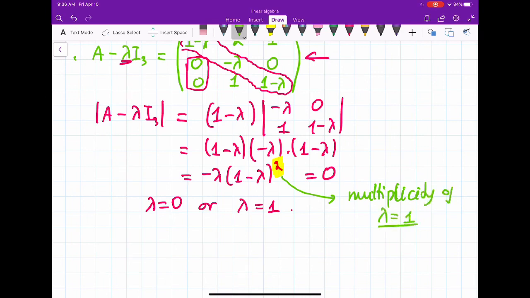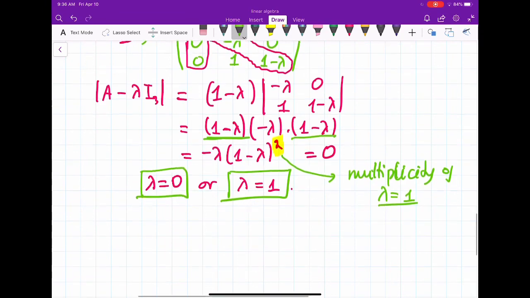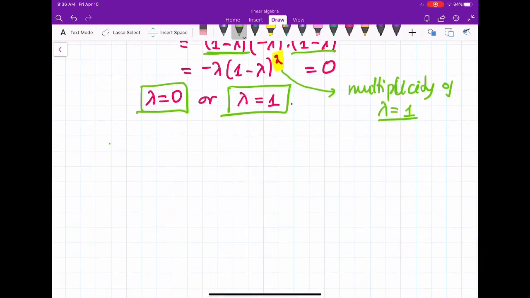Because if you write in this form, see 1 minus lambda times 1 minus lambda, so you have 2 times, right? But they are equal, so that is the multiplicity of that eigenvalue. Make sense? Okay, we figured out the matrix has 2 eigenvalues. Now let's find the corresponding eigenvectors.